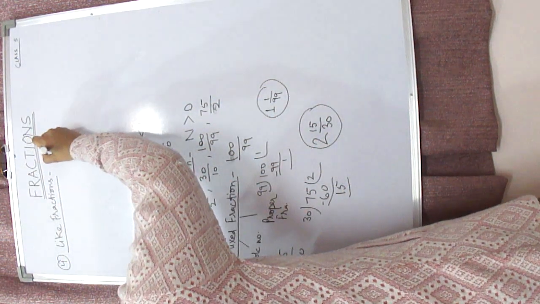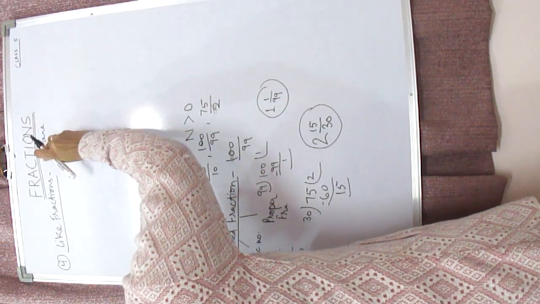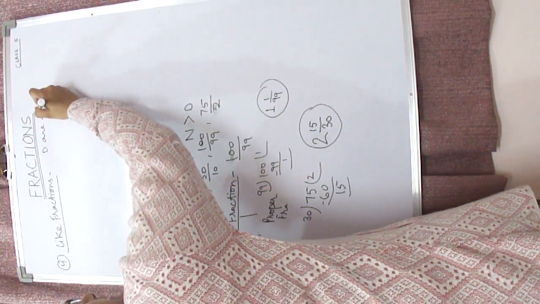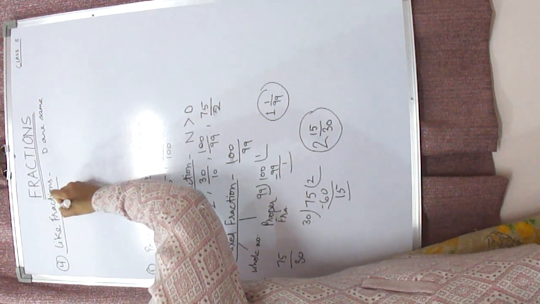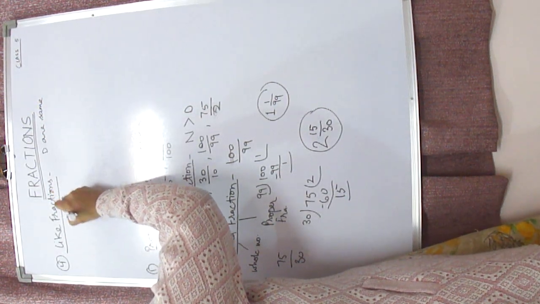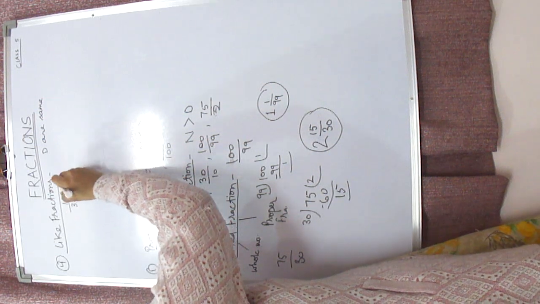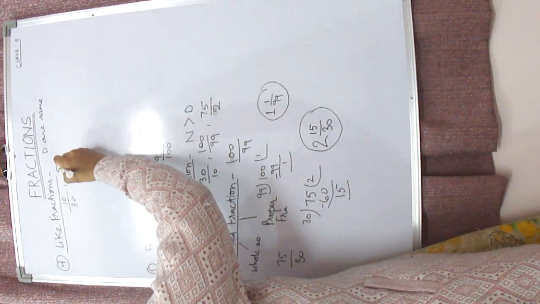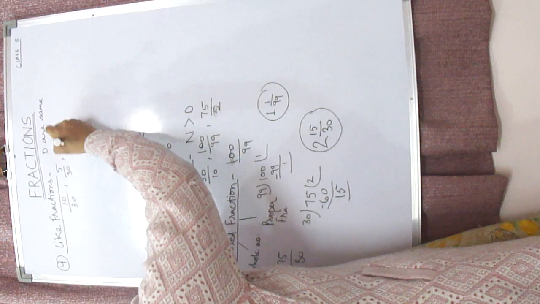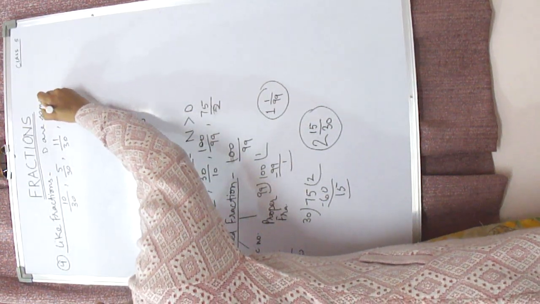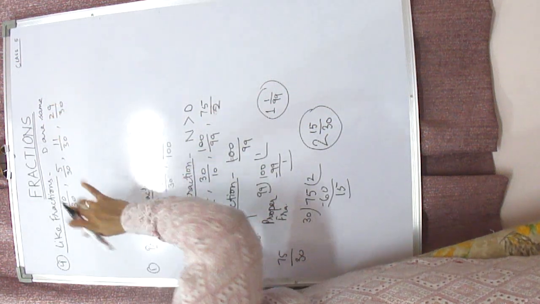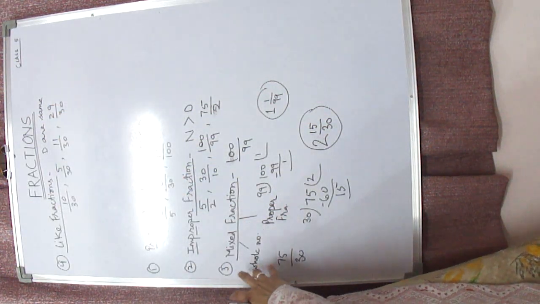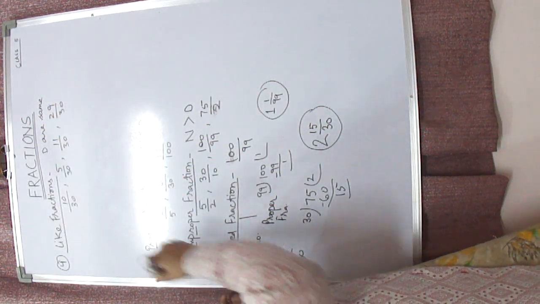Where denominators are same, they are called like fractions. For example, 10 upon 30, 5 upon 30, 11 upon 30, 29 upon 30, etc. In all these cases, my denominator is 30, so they are called like fractions.